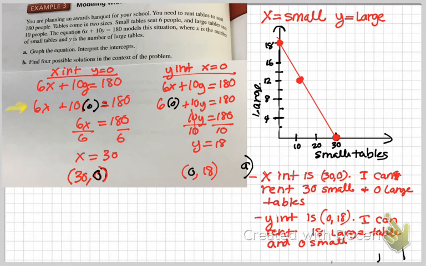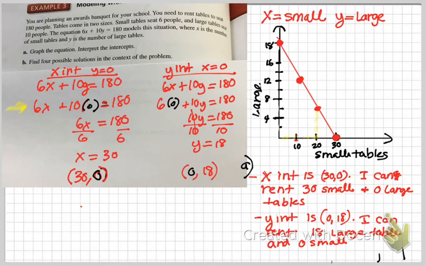I could use the equation and plug 20 in for the small and solve for y, or I can look at my graph. If I move over 20 and come up, I end up right here. Another one is if I use 10 small tables and go up, I end up with 12 large.